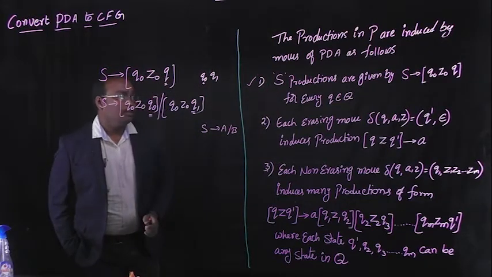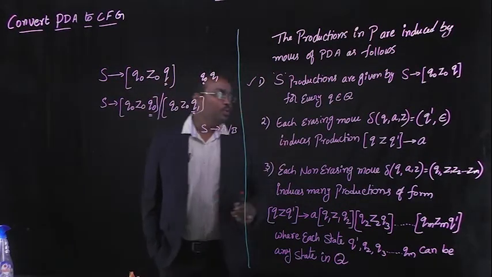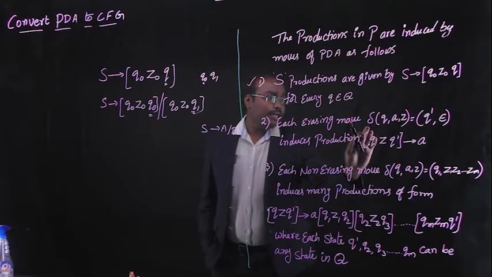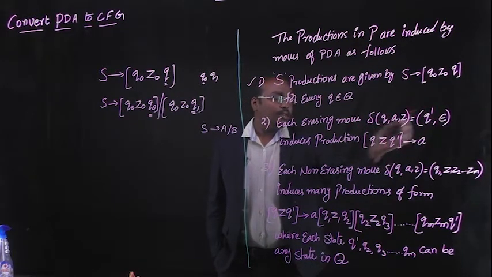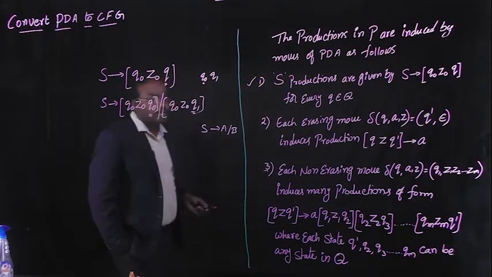So in this way we can write the starting symbol, that is the first step. And the next one, each erasing move, that means transition delta(q, a, Z0). Here in this PDA we can perform 2 operations.